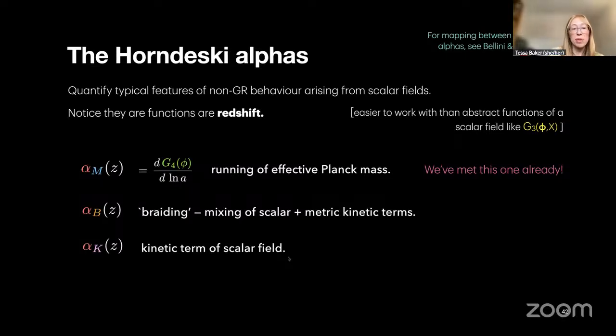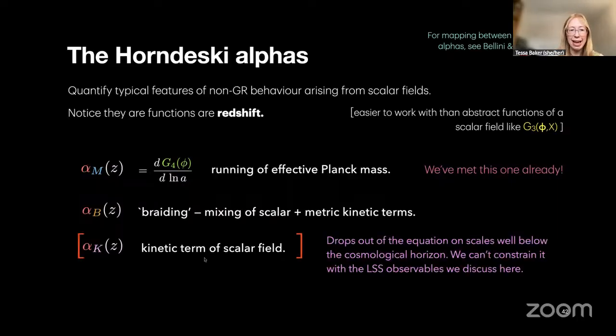Now, there's an extra simplification, which comes from a very practical viewpoint. Alpha K, this kinetic term here, does not appear in the equations of linear perturbation theory on scales well below the cosmological horizon. And that is where most of our data is. Most of our telescopes are looking at relatively small scales in cosmological terms.